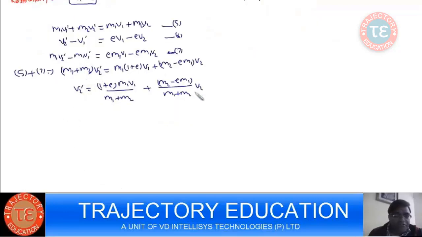How can we find the velocity of the first body after collision? I can do it over here itself. If I multiply m2 to the sixth equation, this is m2 v2' minus m2 v1' equals e m2 v1 minus e m2 v2.